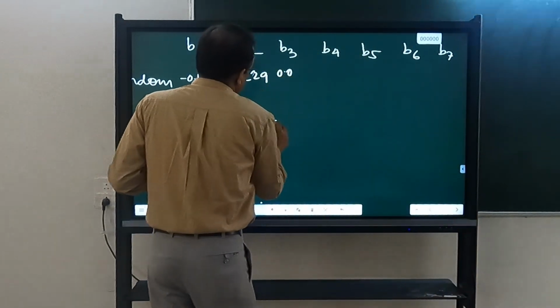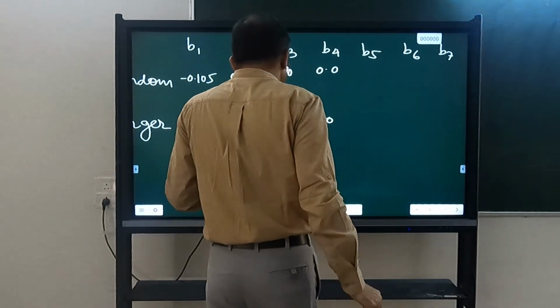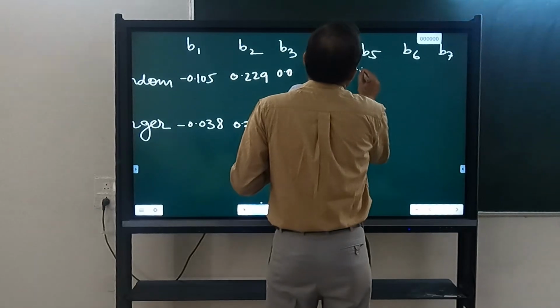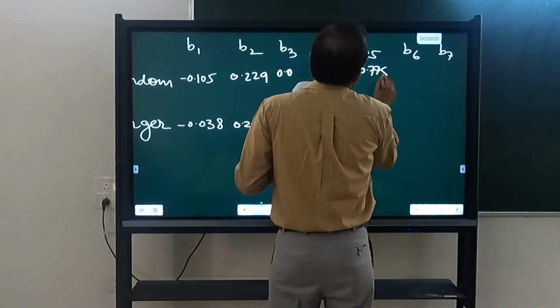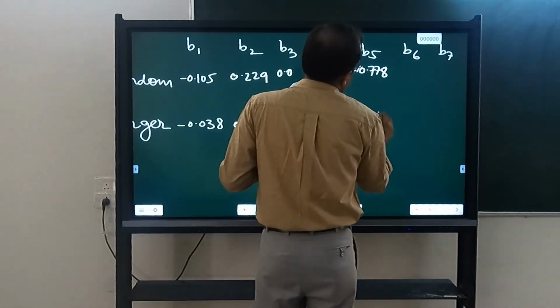B3 and B4 both are 0. B5 is minus 0.778 and minus 0.777.